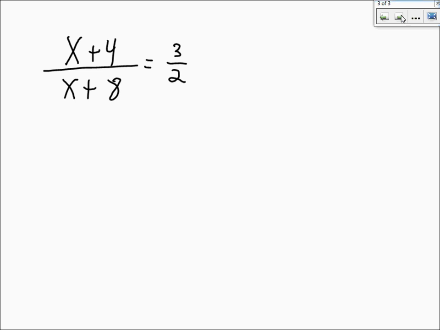Now, you may say, here, if I have, let's not do 2x. If you have x plus 4 over x plus 8, the bottom is 4 bigger. What if you have this is equal to 3 over 2?